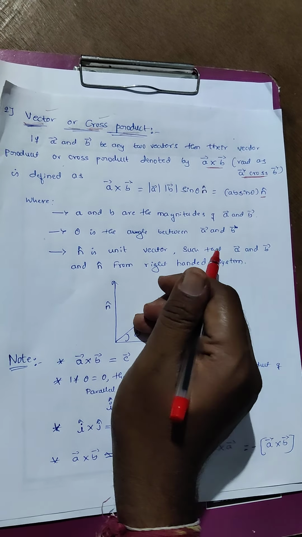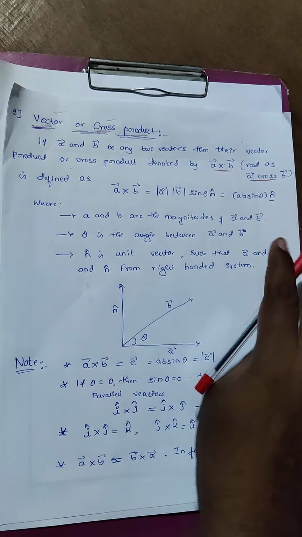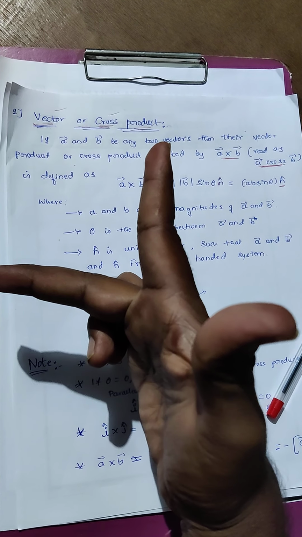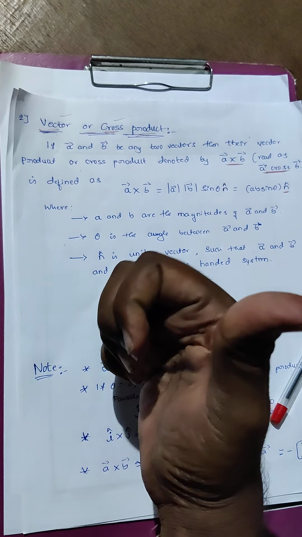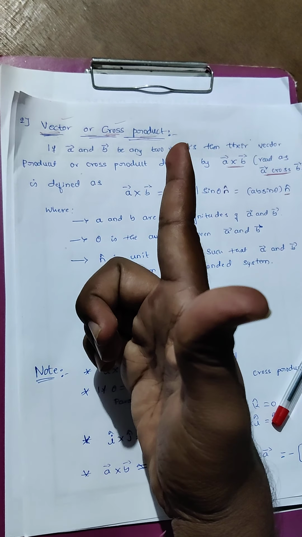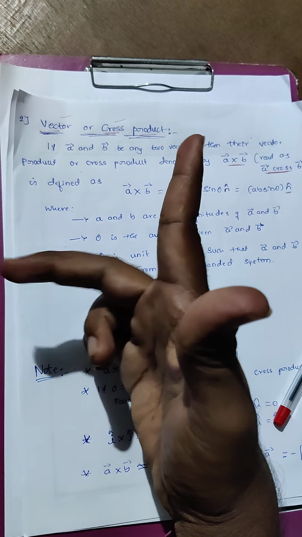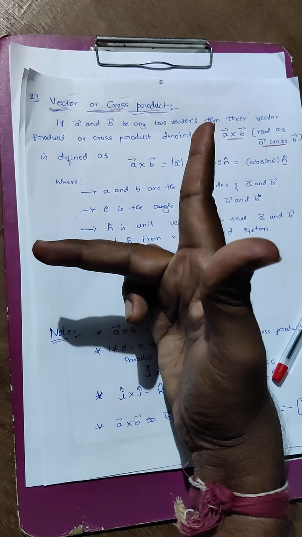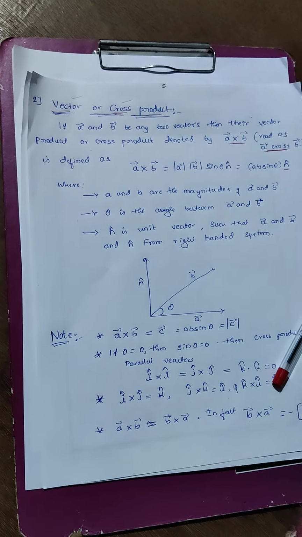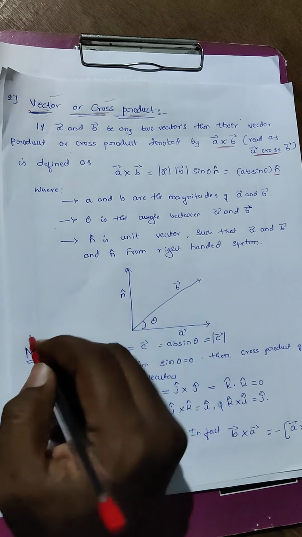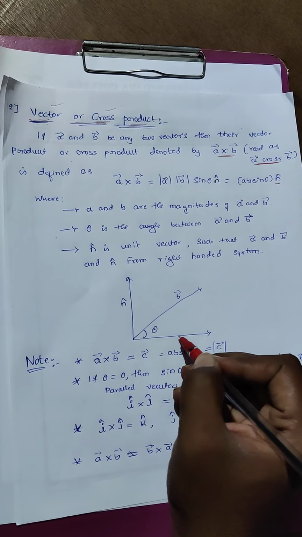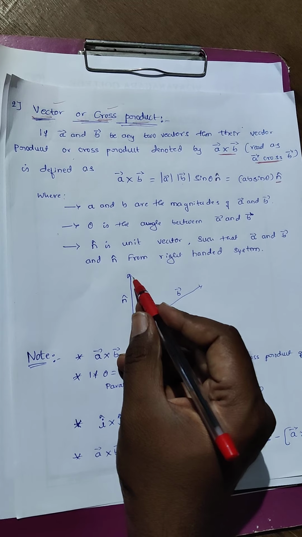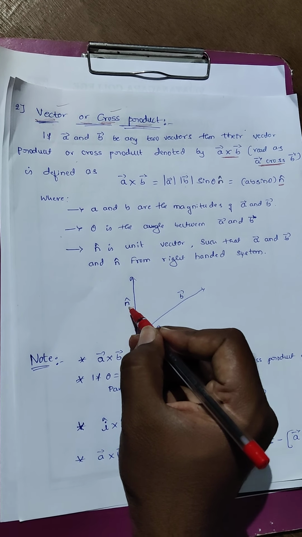The right-handed thumb rule is by right hand we can show that this finger is called unit vector n, this is called vector a, and this is called vector b. These are perpendicular to each other. So by this right hand thumb rule we can draw the figure: this is vector a, vector b, and this is unit vector n.